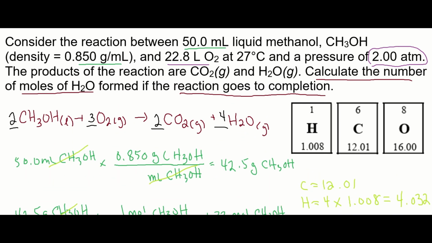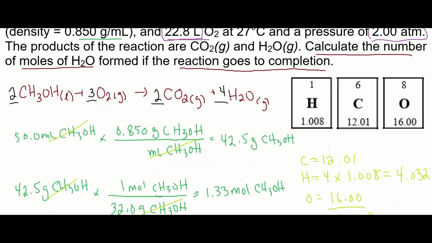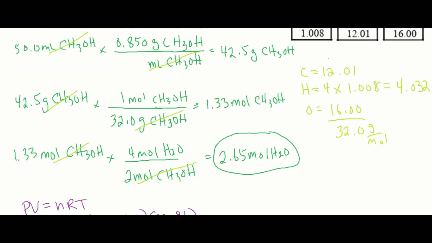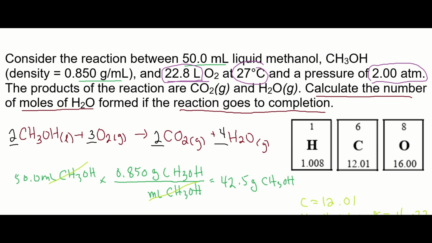We're given pressure as 2.00. Let's see, what is the volume? So the volume is given to us in liters, 22.8. The universal gas constant we need is the one that has atmospheres in it, so we can cancel out the atmospheres. And then temperature we need in terms of Kelvin. The temperature we're given is 27 degrees. Let's add 273 to that. And that'll give us 300.